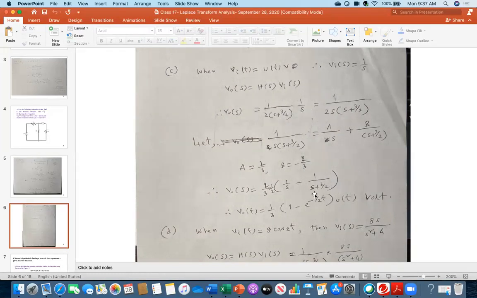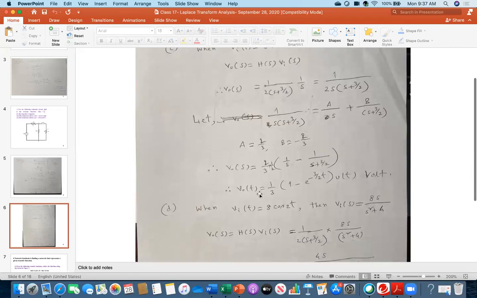And then again here you apply the inverse Laplace transform. So finally I'm getting vo(t) equal to 2/3 (1 minus e to the power minus 3/2 t) u(t) volt. So could you follow me, everybody? Yes. Okay. Just see the step-by-step calculation.